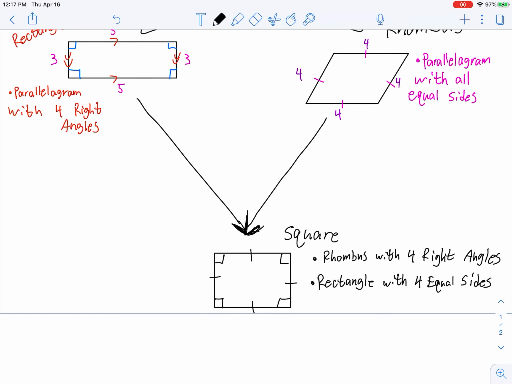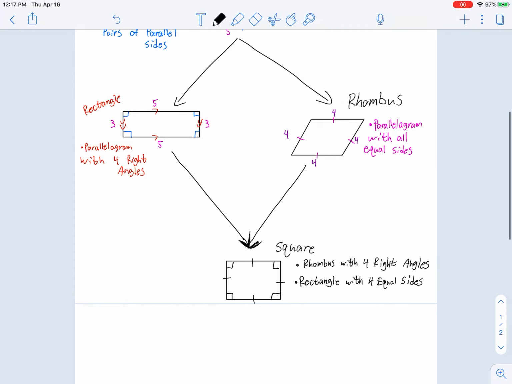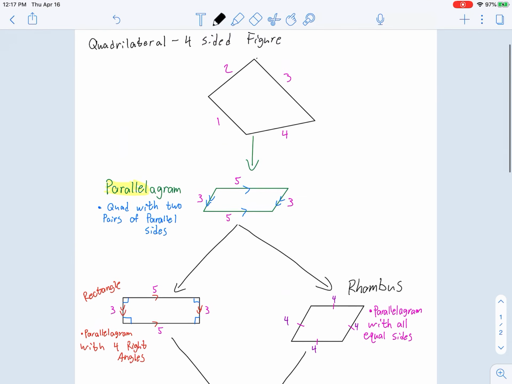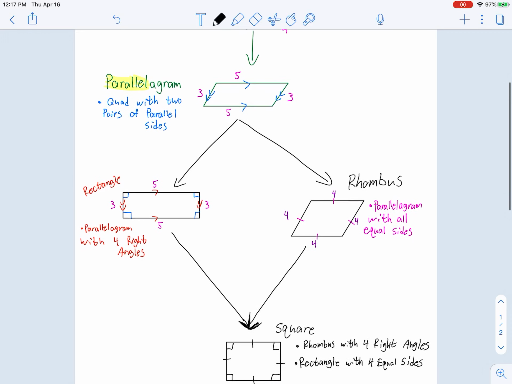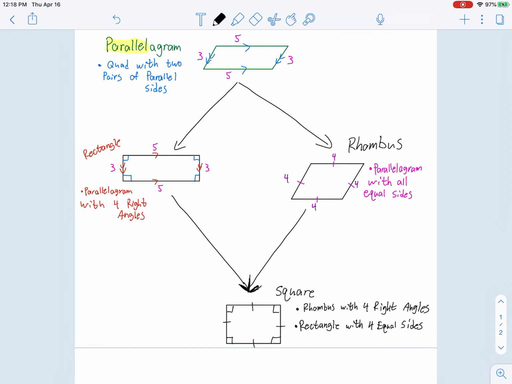So there you have it. We have a little bit of a flow chart of what a quadrilateral and all of its types are. Now, let's get into some weird theory talking stuff.